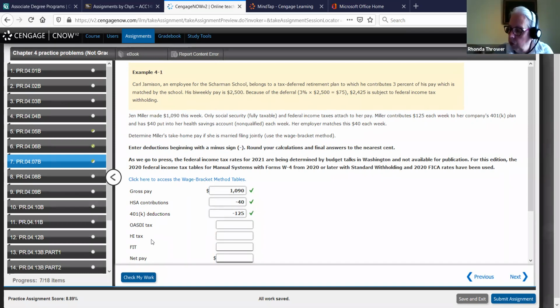1,090 times 6.2% is $67.58, minus $67.58.